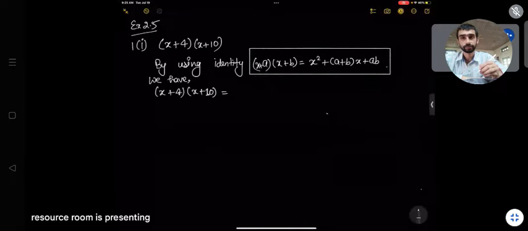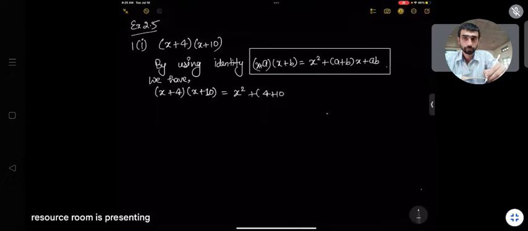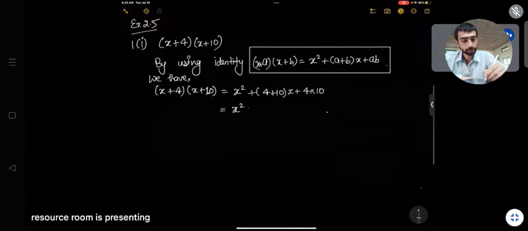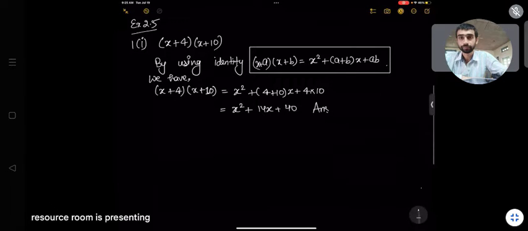How to write this? Correct, very good. So it will give us x square plus 14x plus 40, and this is the answer.